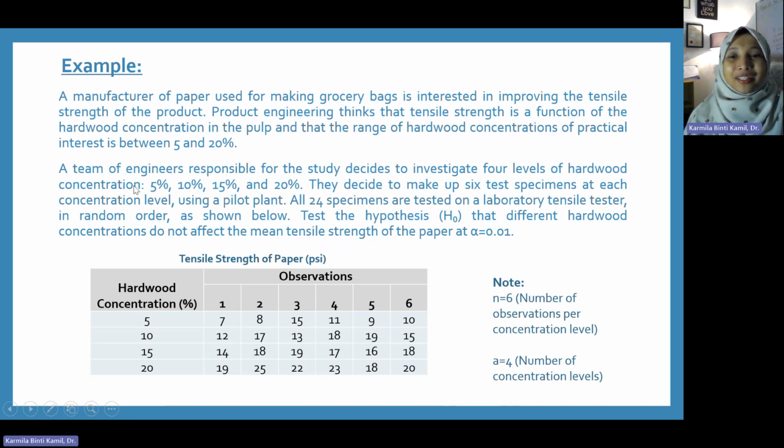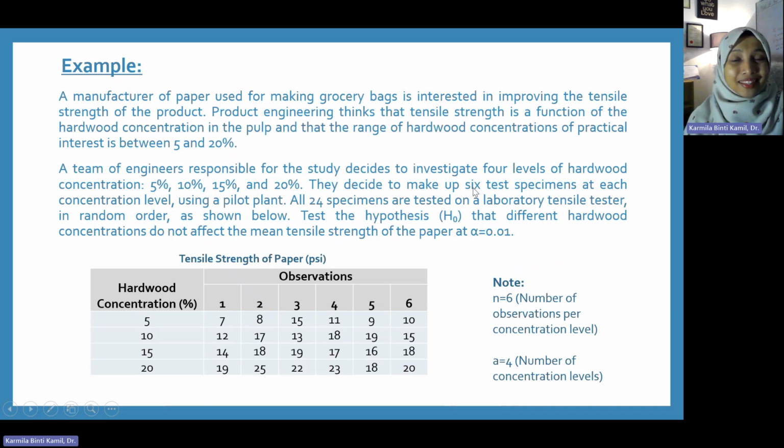Remember the word here, levels. Investigate 4 levels, or 4 categories. So directly we know that it is referring to a, the number of levels. So we have 5%, 10%, 15%, and 20%. They decide to make up 6 test specimens.